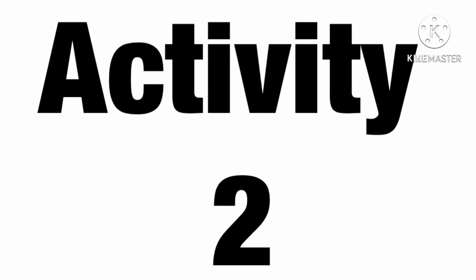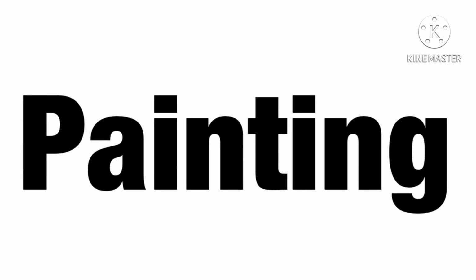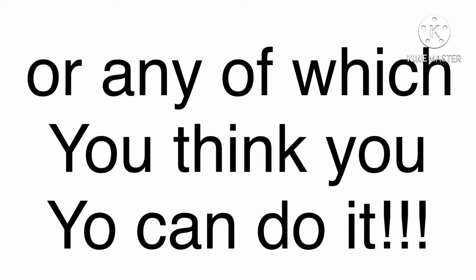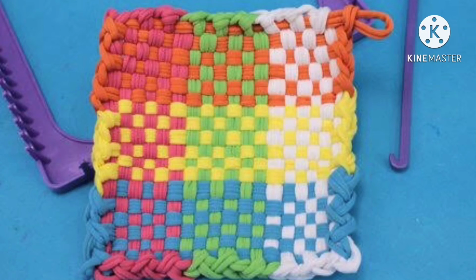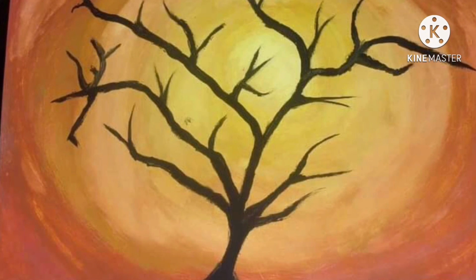Activity 2. I am an artist. You may show your own artistry in the following: drawing, painting, sculpture, sketching, map making, pot holder making, or any of which you think you can do. Take a picture of your artwork and send it via Messenger or in any form of digital access. And I'll show you an example of my simple artwork.